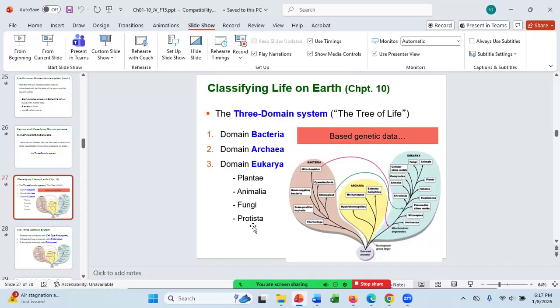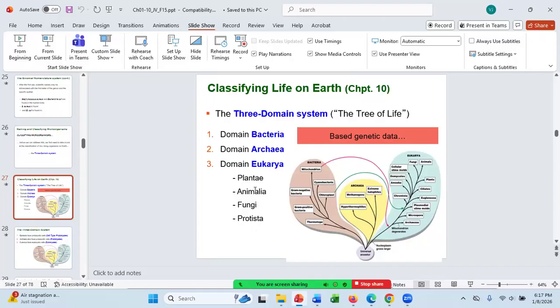Once you get 20 kingdoms or higher, you then start dividing the plants into 2 kingdoms and the archaea into like 3 kingdoms and the bacteria into different kingdoms as well. But we won't talk about any of that.